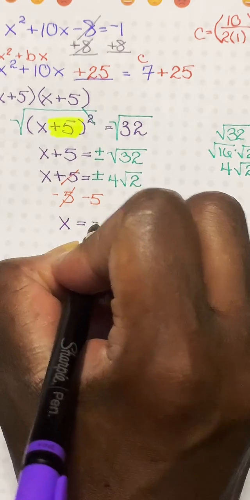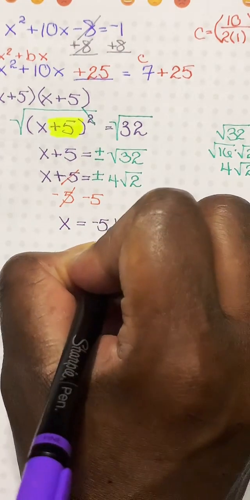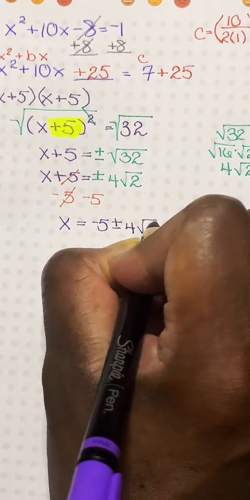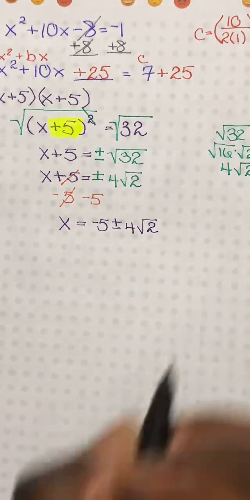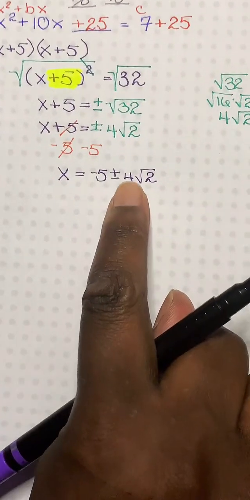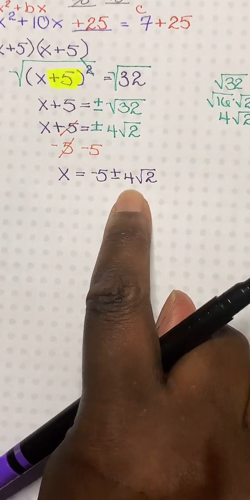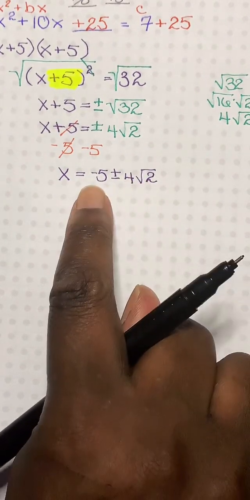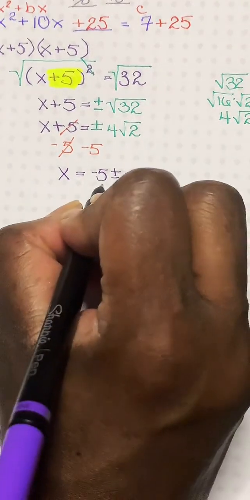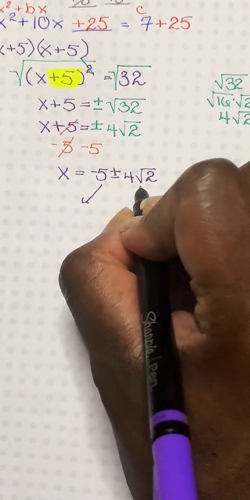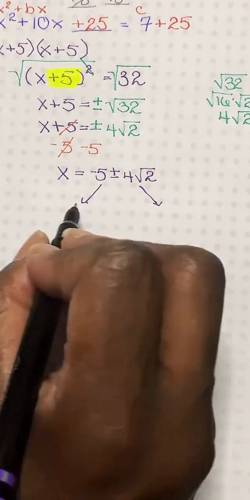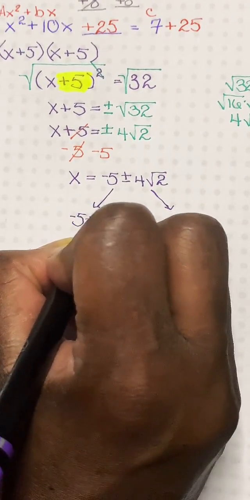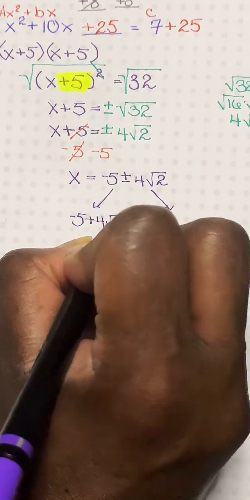It's actually going to be -5 plus or minus 4 the square root of 2. Okay? Right now, this plus or minus is represented with the 4 square root of 2. So your answers, if I may split it up into 2, one of them is going to be -5 plus 4 the square root of 2.